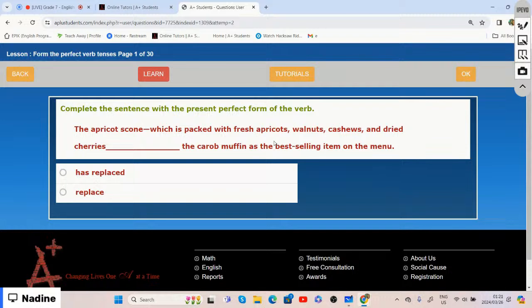It says, the apricot scone, which is packed with fresh apricots, walnuts, cashews, and dried cherries. Do we say has replaced the carob muffin as the best selling item on the menu? Or do we say replaced the carob muffin as the best selling item on the menu?